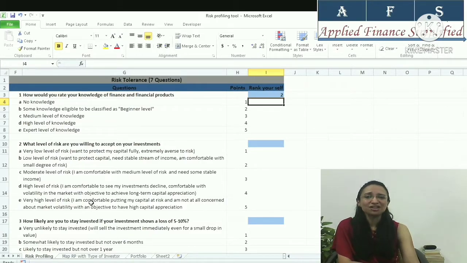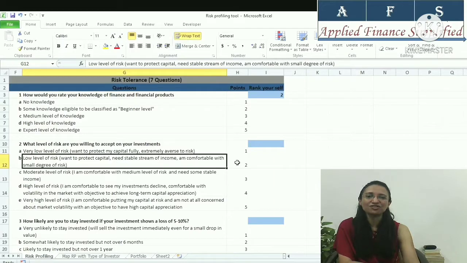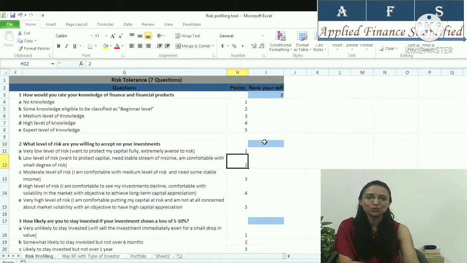In case of Mr. Raj, he is a person who wants to protect his capital because he has many dependents on him and he also needs a stable stream of income. So he is only comfortable taking a small degree of risk. So he falls under point B and we have to score him point 2.